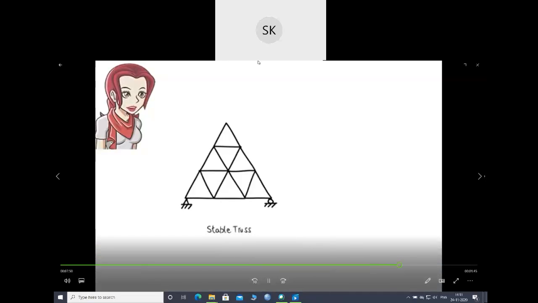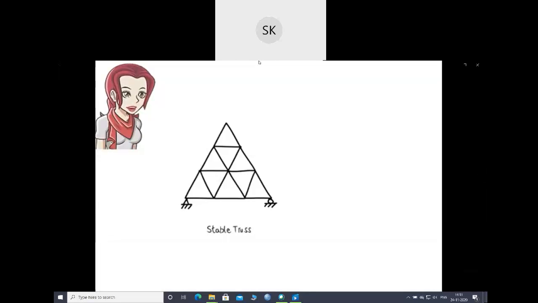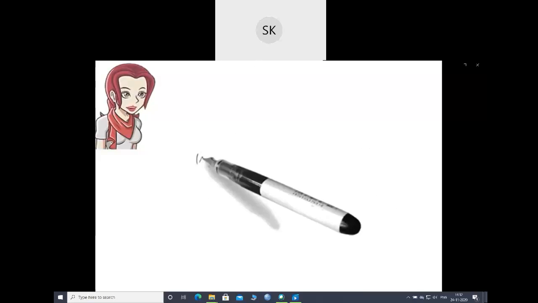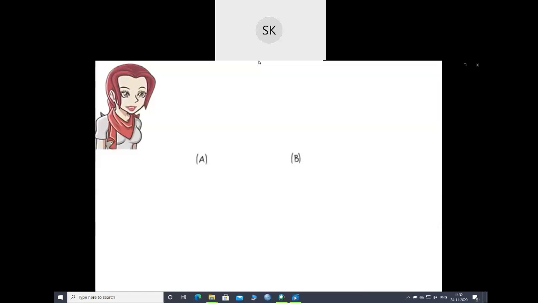Otherwise, the structure needs to be carefully inspected for geometric patterns that are inherently unstable. Here is one such pattern. Any truss structure that embodies this rectangular pattern is considered unstable. See if you can figure out which of the following trusses are unstable.